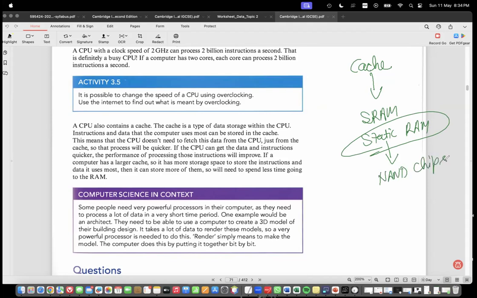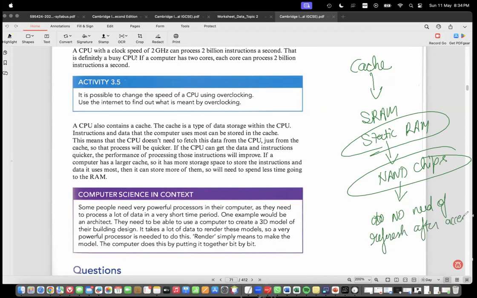Because it is based on NAND chips, whenever we are sending any number of bits, we don't need to refresh it after accessing any bit, unlike traditional dynamic RAM.